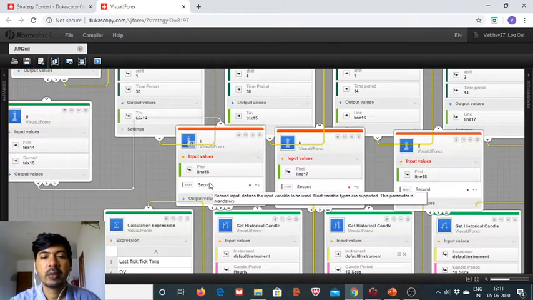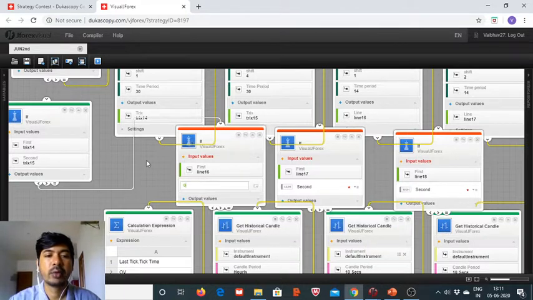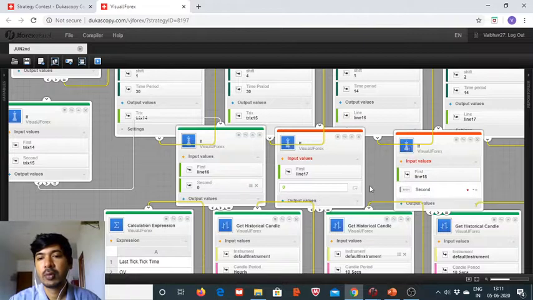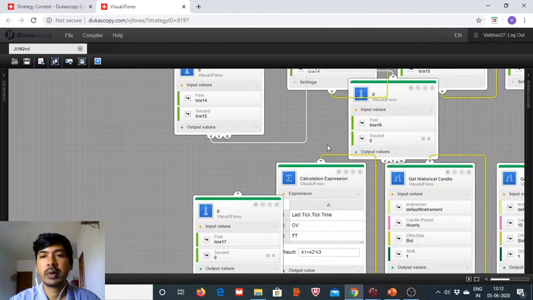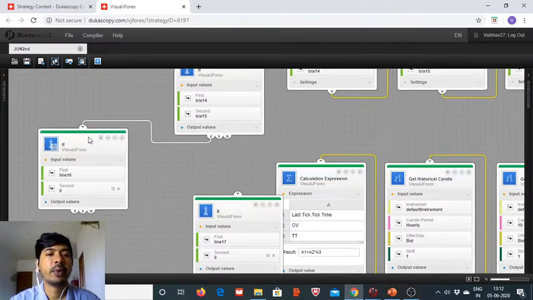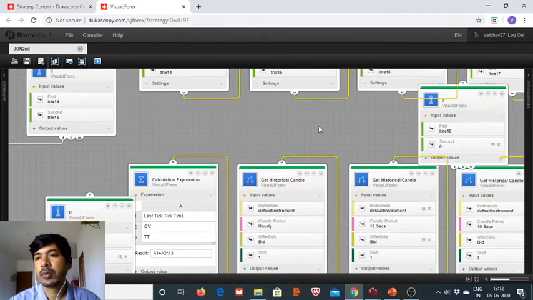and here we need the value 0, okay, and all these values should be above 0.